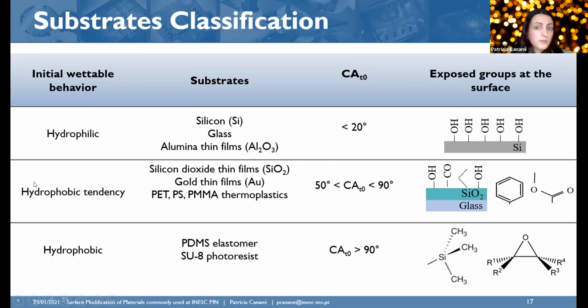Then the substrates with hydrophobic tendency, which are silicon dioxide, gold, and thermoplastics, which show a mixture of oxygen and carbon atoms. And finally, hydrophobic substrates, which are the polymers, which expose majorly hydrophobic groups.